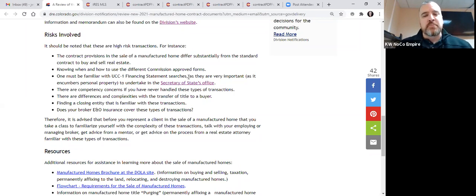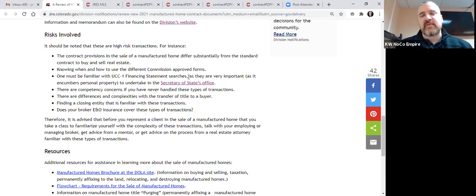And the reason that that's important is if you have a title company that is performing the closing and they don't know that they need to go look in the UCC to go verify whether or not there's any liens or encumbrances or mortgages against this property, right? And they just close the deal without going to do that search, what could feasibly happen is your buyer may purchase this personal property, let's say $50,000, right?